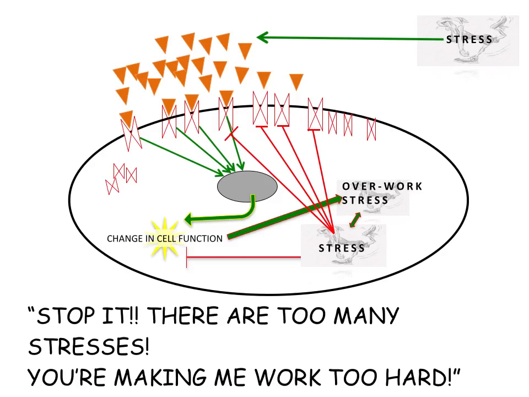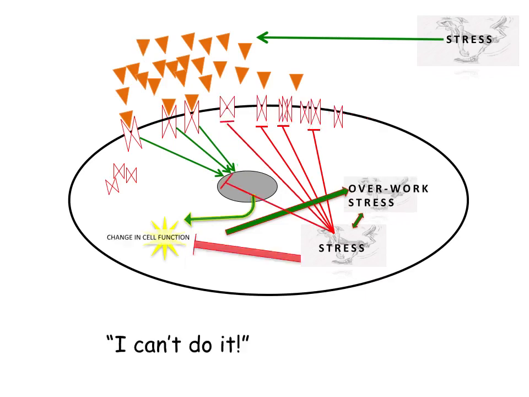Because there is coexisting stresses that are counterintuitive to each other, the cell itself starts to have an overwork stress. This overwork stress ultimately leads to the cell shutting down its response altogether to that hormone.